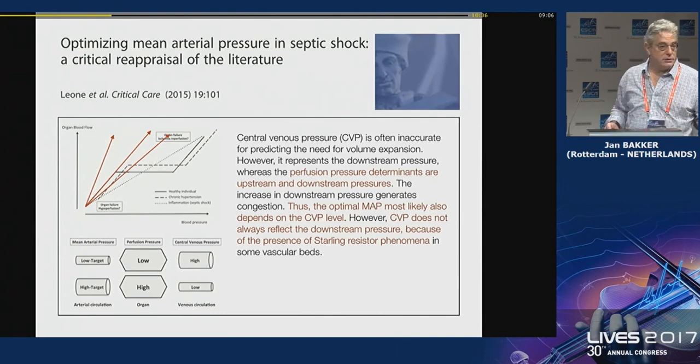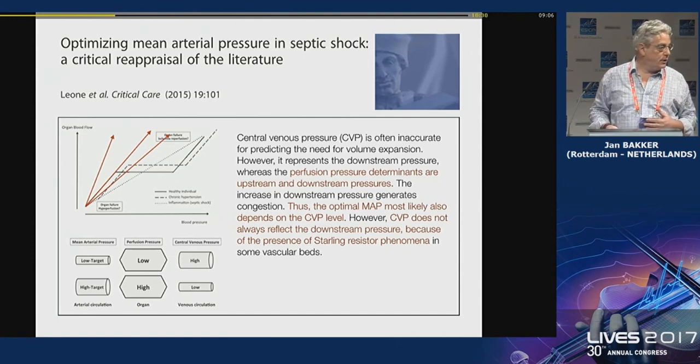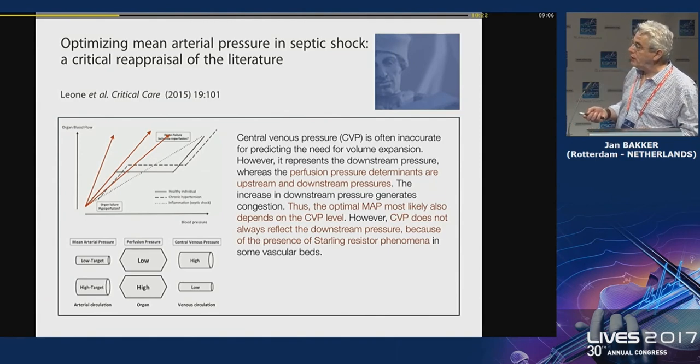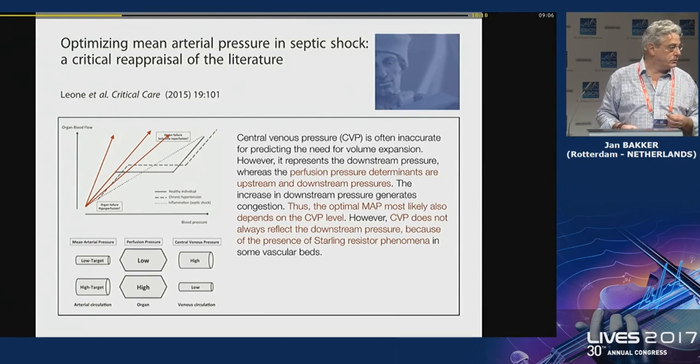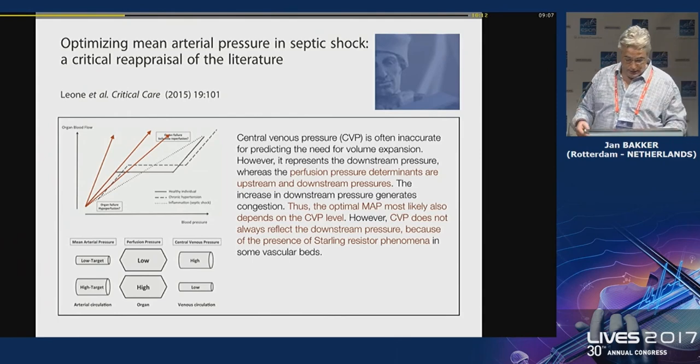Because we see it in some neurosurgery, traumatic brain injury. If you increase the blood pressure, you see a huge increase in ICP. There's a linear relationship between pressure and flow in some, and in some it's not. So the concept of autoregulation is important, but we mess around with this autoregulation a lot with all the drugs that we use: the fluids, the norepinephrine, the inodilators, the nitroglycerin, whatever you use, dobutamine.